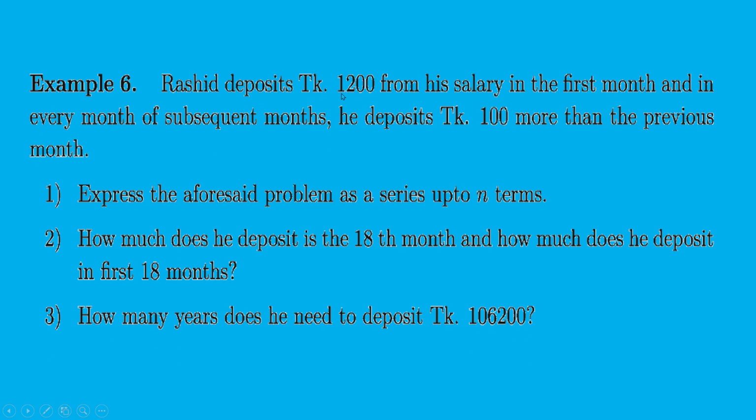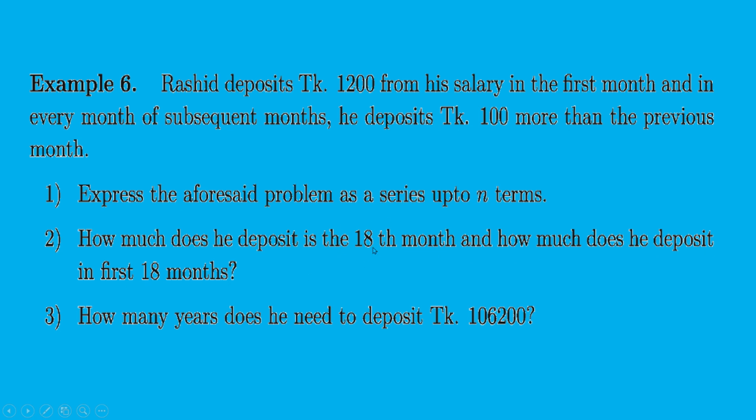Now follow another example, number 6. Rashid deposits taka 1200 from his salary in the first month, and in every subsequent month he deposited taka 100 more than the previous month. Express the aforesaid problem as a series up to n terms. How much does he deposit in the 18th month, and how much does he deposit in the first 18 months?